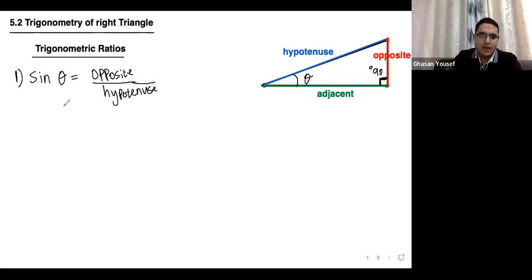The cosine equals the adjacent over the hypotenuse.